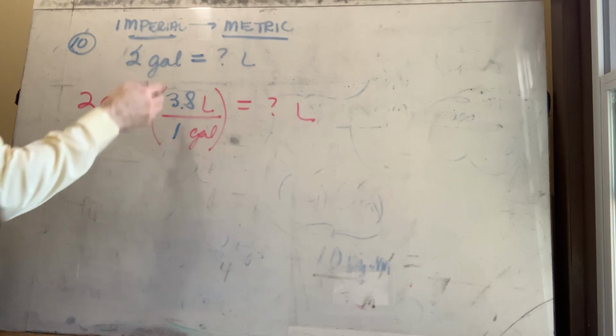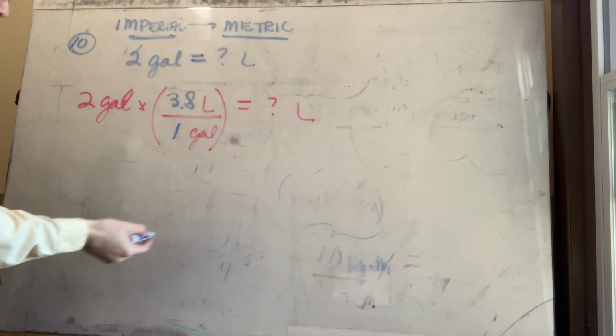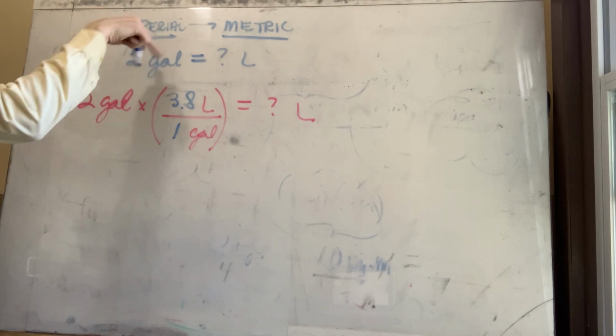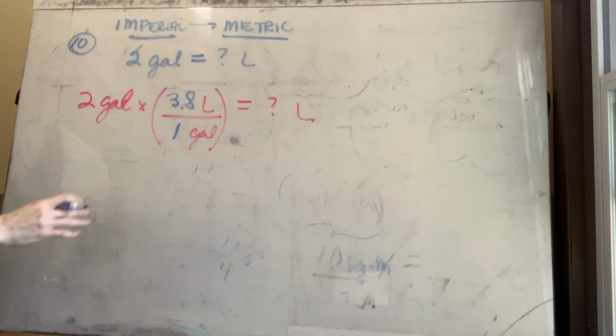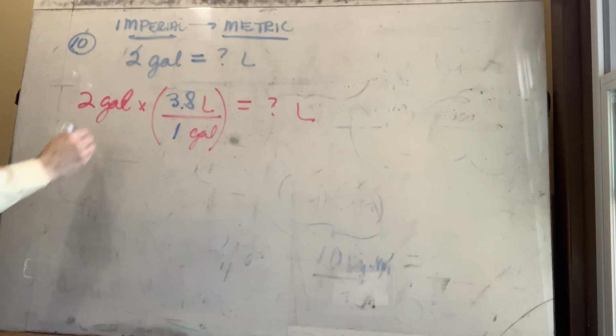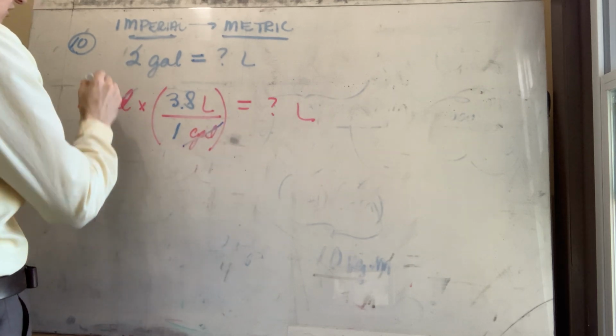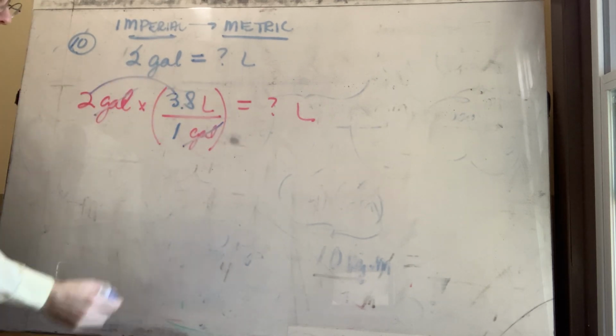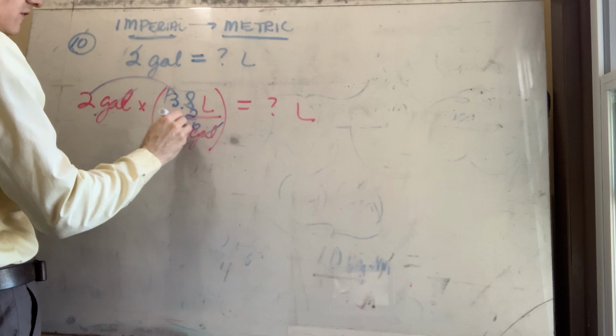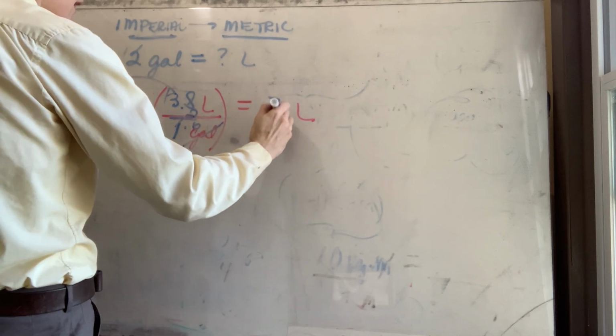All right, because there's not going to be a loss in translation. Even in the imperial system, if you're just stuck with that exclusively, you may get in trouble. All right? Anyhow, gallons cancels gallons, and it's 2 times 3.8, which is what? 7.6 liters.